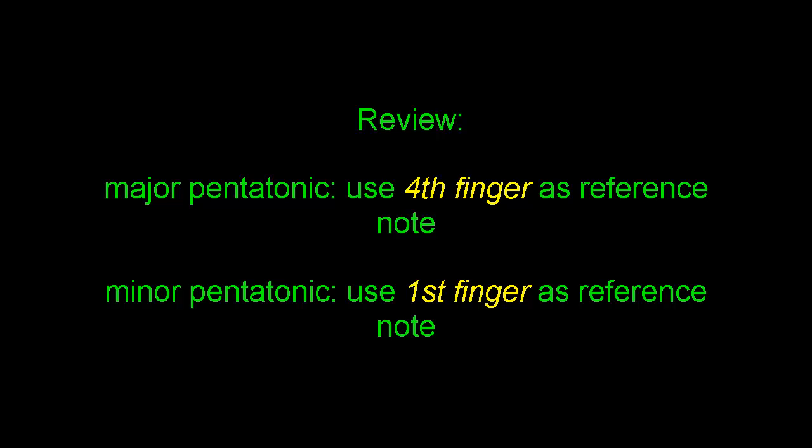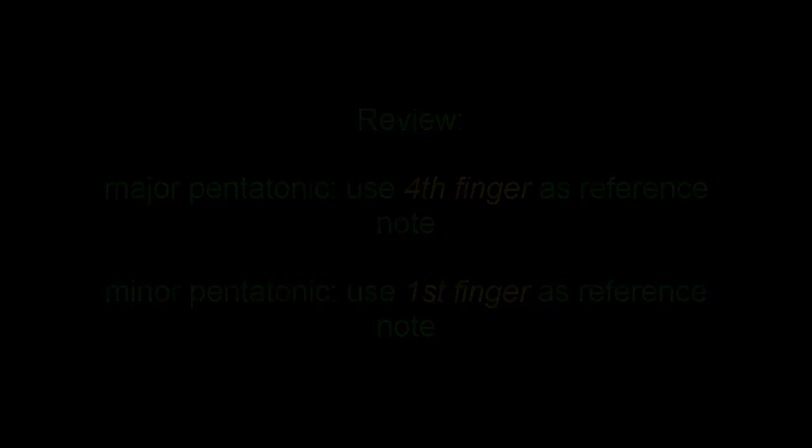Whichever note our fourth finger is hovering above when we're using this scale pattern, that will give us the name of the major pentatonic scale. Likewise, whichever note our first finger is hovering above, that will give us the name of the minor pentatonic version of this same scale pattern.